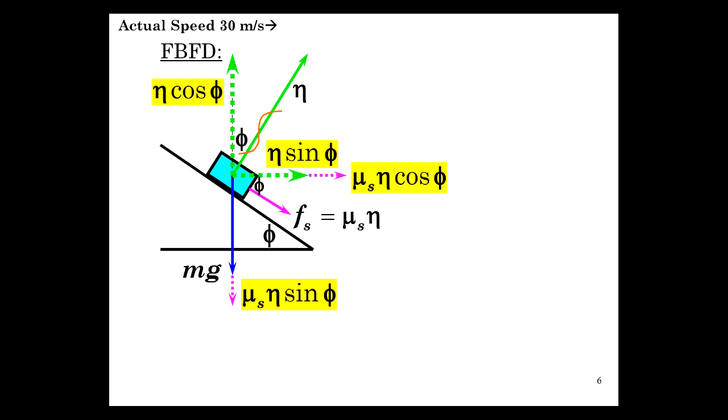And the vertical part, which is a real force, mu s normal sine of phi, gets added on, and then we wiggle out the friction force. So there we have it broken into its components. And now, keeping the big picture in mind that mu s is friction over normal force, what is the minimum coefficient of friction needed for this problem?